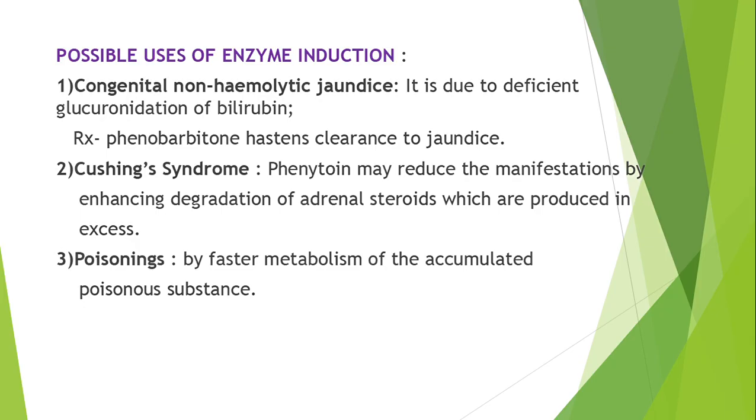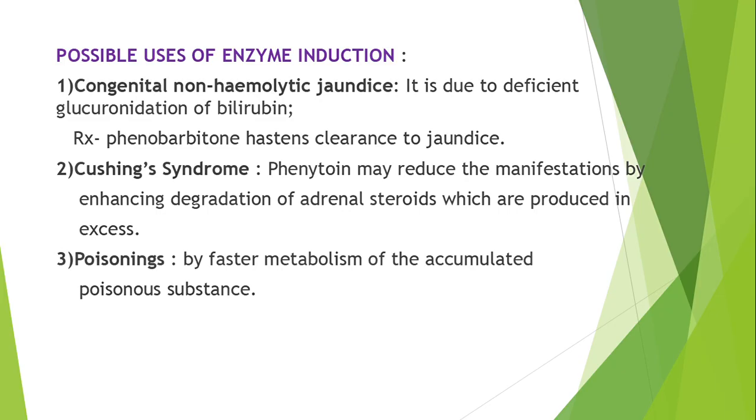You can use enzyme induction in different diseases like congenital non-hemolytic jaundice, which is due to deficient glucuronidation of bilirubin. For example, phenobarbital can hasten the clearance of jaundice. And in case of Cushing syndrome, phenytoin may reduce the manifestations by enhancing degradation of adrenal steroids which are produced in excess.